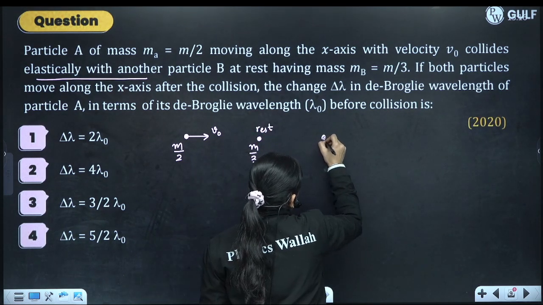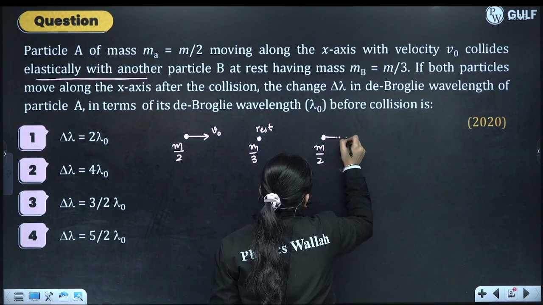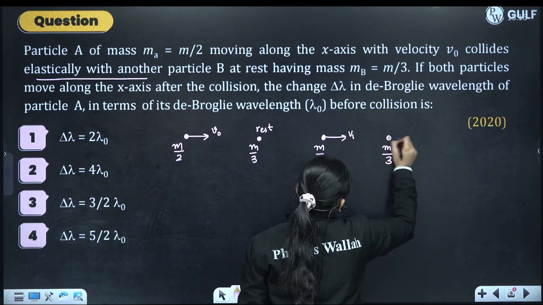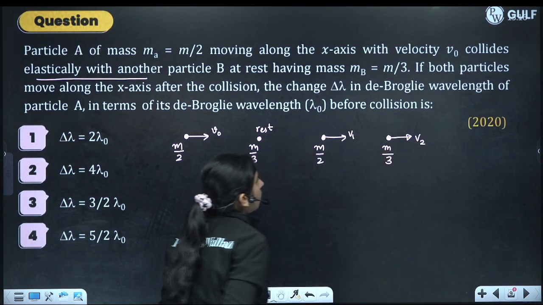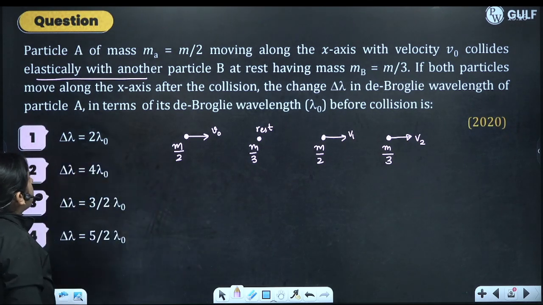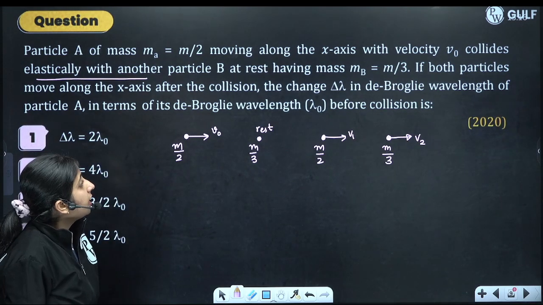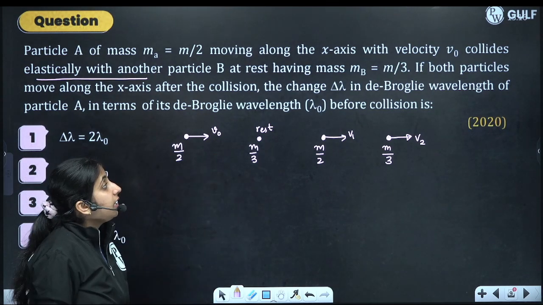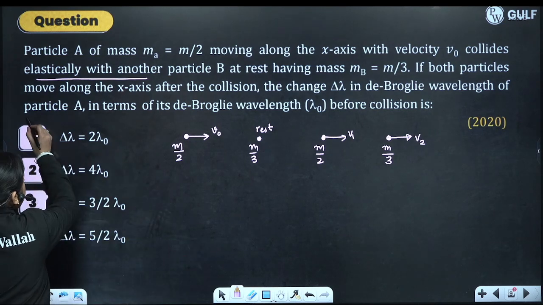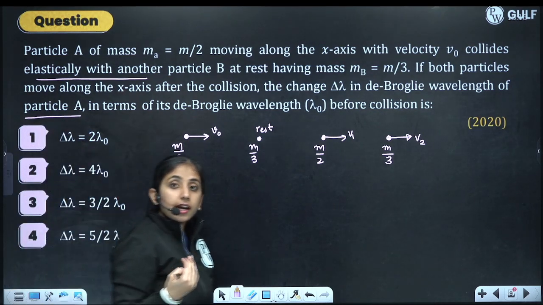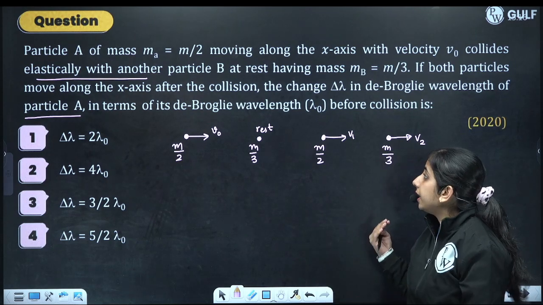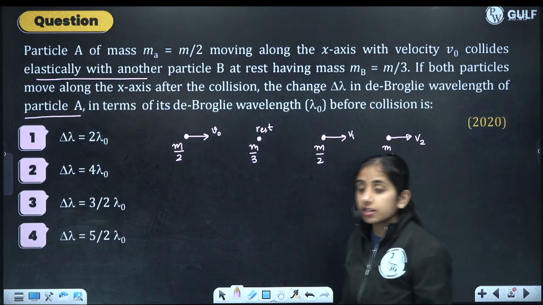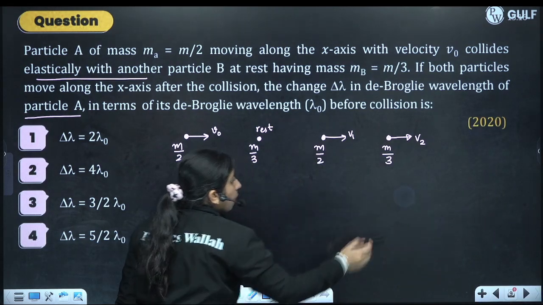After collision, m by 2 will move with velocity v1 and m by 3 will move with velocity v2. If both particles move along the x-axis after collision, we have to find the change in de Broglie wavelength of particle A in terms of its de Broglie wavelength lambda naught before collision.